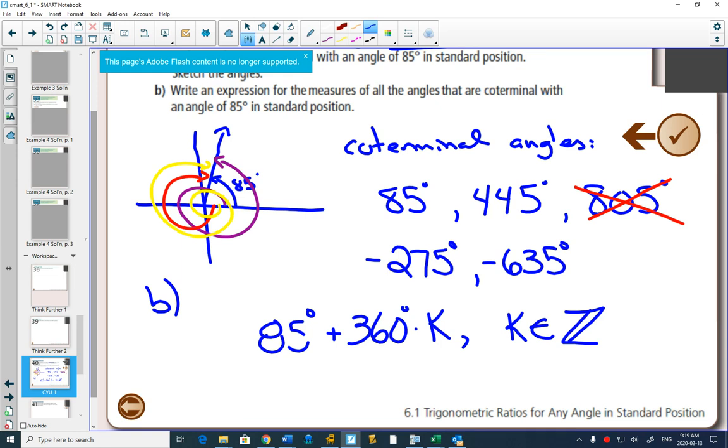Okay, so it's not like they screwed up and made a crooked I or anything like that. No, it is supposed to be a Z. And so we say we can add 360 degrees, a positive or negative amount of times, as many as we want, and that would give us all of them.